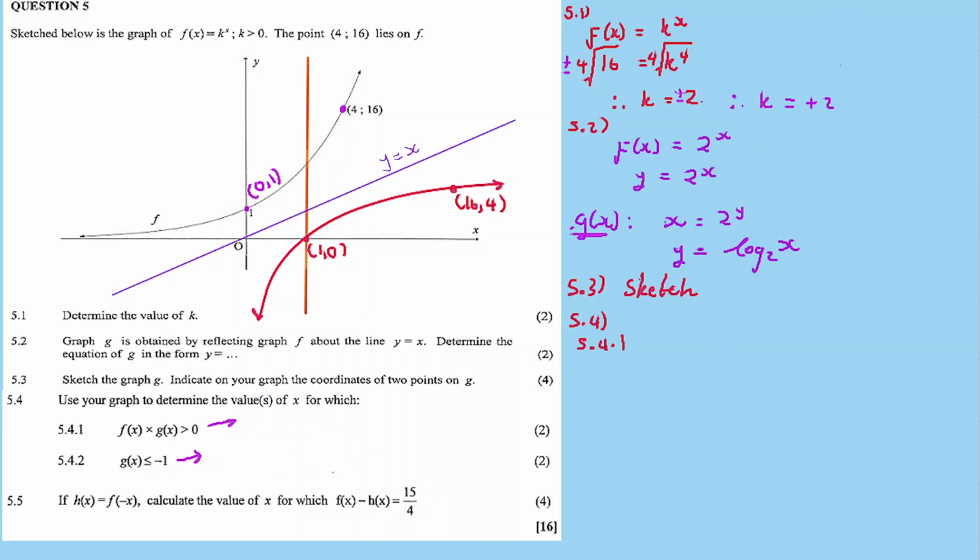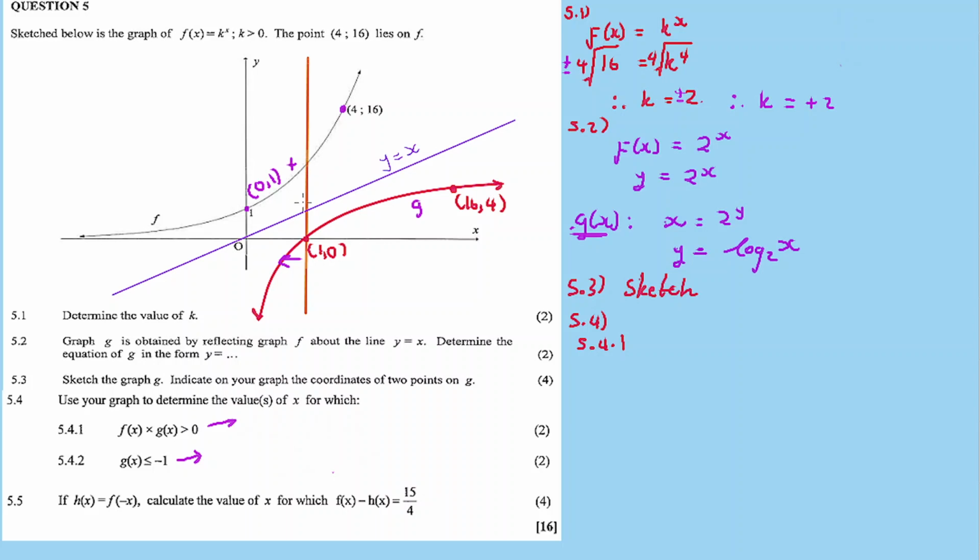Check this line. If I go to the left of this line, the function g is negative because it's below the x-axis, and function f is positive.